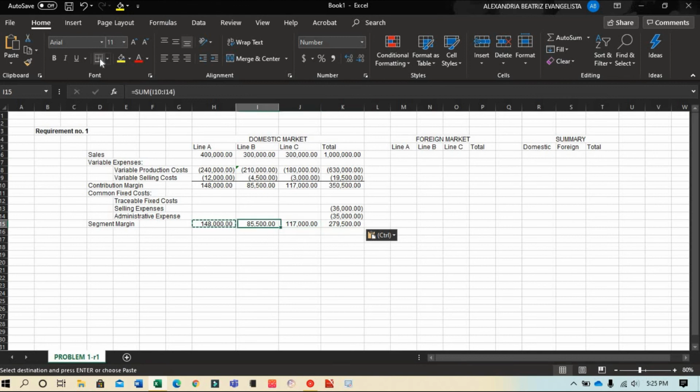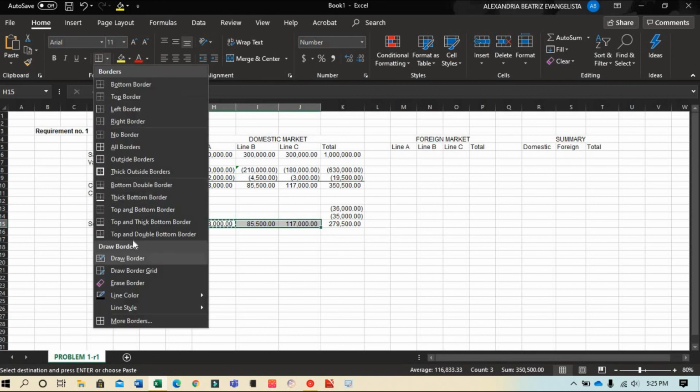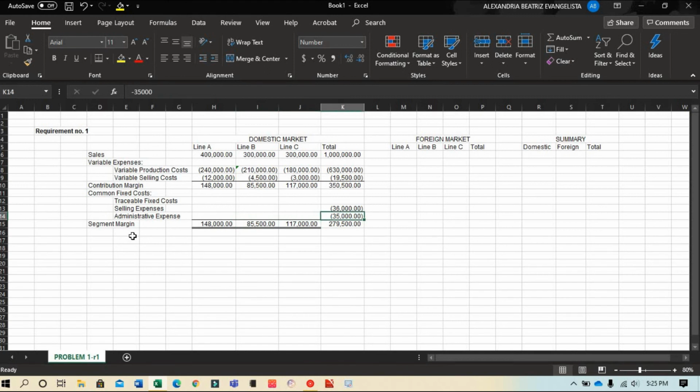For line B it is 85,500, and then for line C it is 117,000, and then for the total segment margin under the domestic market, it is 279,500. So we're going to double rule here.